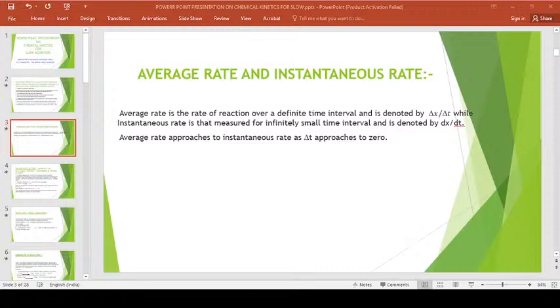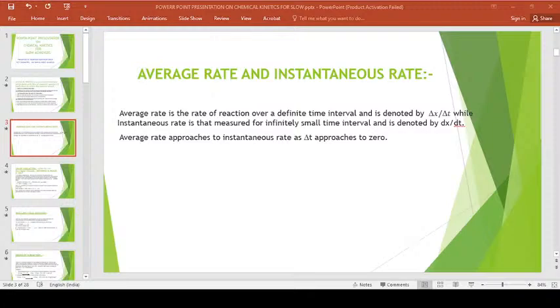Now let us come to a very important topic, that is the molecularity of a reaction. Now let us see what is molecularity of a reaction. Before coming to the molecularity of a reaction, let me remind one more important point regarding the order. Your order is an experimentally determined value. It is not a theoretically determined value.